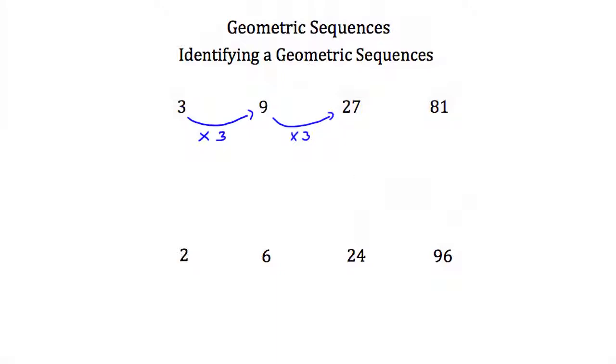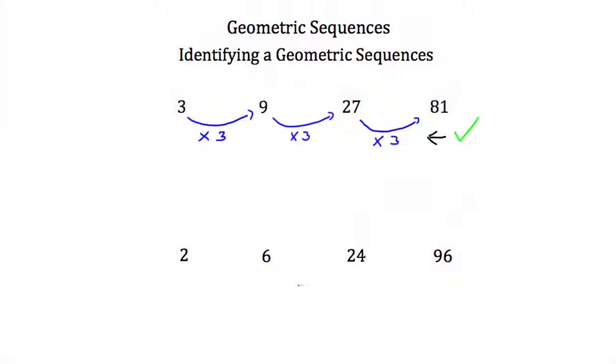Now if we take this third term and we multiply it by 3, we get 81, our fourth term. Now because each term is increasing by being multiplied by the same number, in this case 3, that means that this sequence here is indeed a geometric sequence.